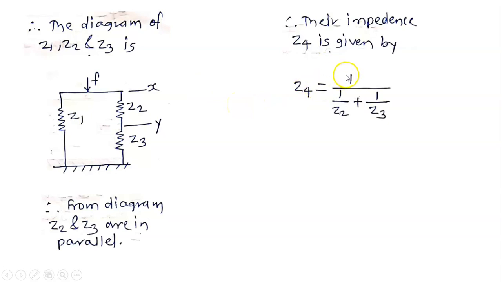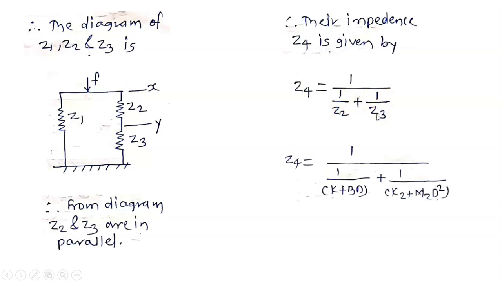Z4 is equal to 1 divided by (1 upon Z2 plus 1 upon Z3). Substituting the values, Z4 is equal to 1 divided by (1 upon K plus BD plus 1 upon K2 plus M2D square). Therefore, Z2 and Z3 are now replaced by Z4. Now, next diagram.